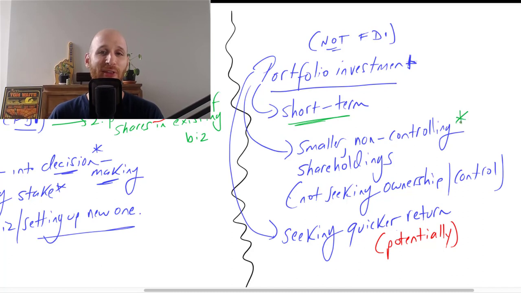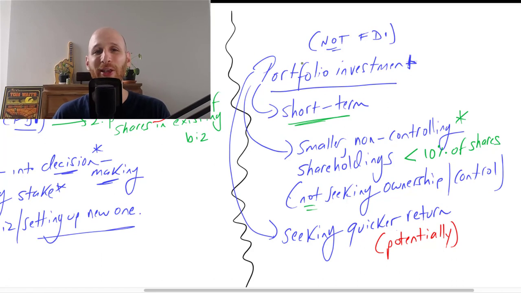Investors take smaller, non-controlling shareholdings, so typically less than 10% of the shares on offer. The investor is not seeking ownership or control in the business. Portfolio investment could also involve investors seeking a quicker return than FDI, just trying to make a quick profit.